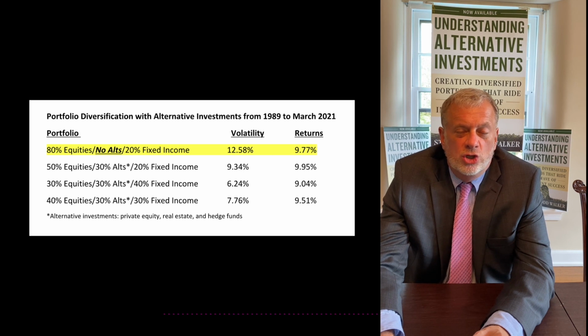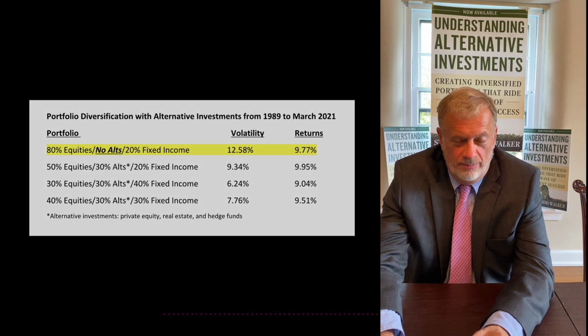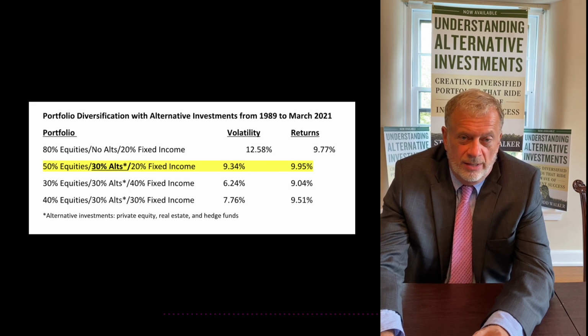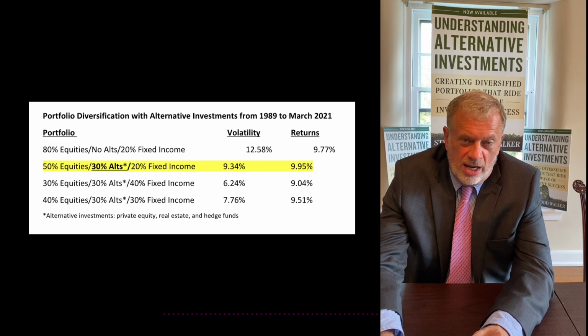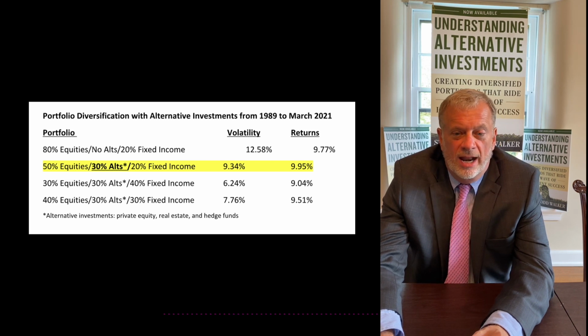Now, if one changed their portfolio and they added alternative investments early on, over that same time period, say 30% alternative investments, 50% equities, and 20% fixed income. So the same amount of fixed income, 20%, the only change is 30% alternative investments, 50% equities.